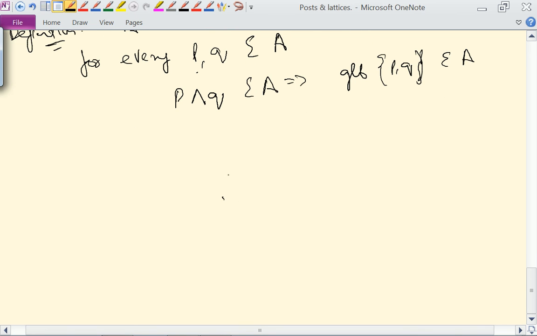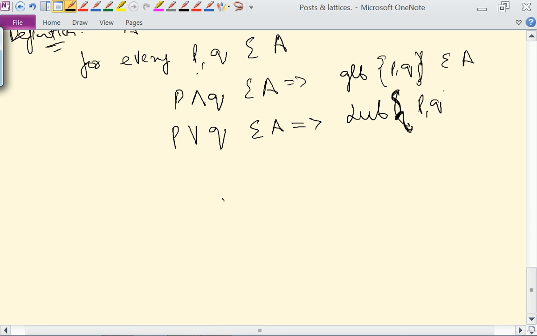If it belongs to A, then it may be a lattice, but we cannot say so yet, because we have to check another operation, that is P join Q. Does P join Q belong to A or not? We find that as the least upper bound of P comma Q, and it should also belong to A. If both of these belong to A, then we can say the particular poset is a lattice.